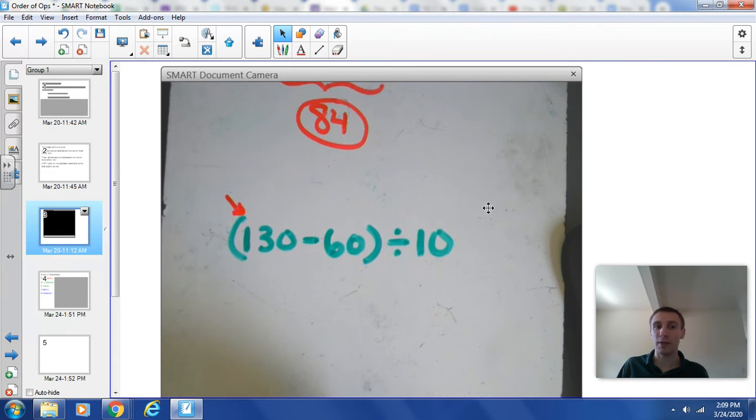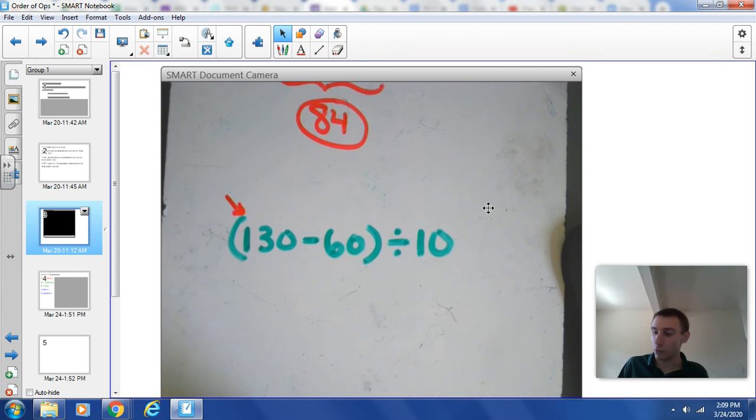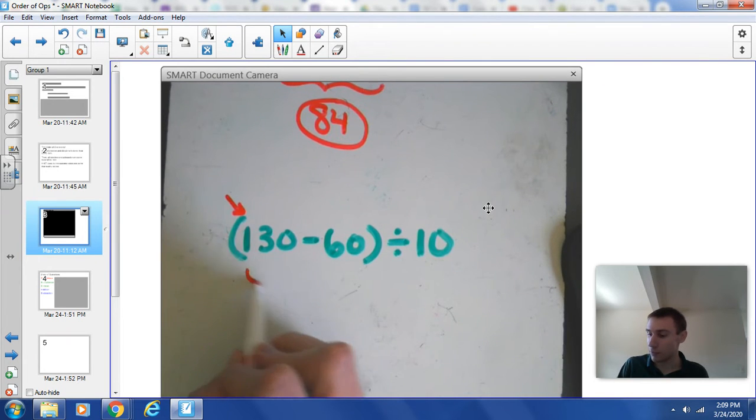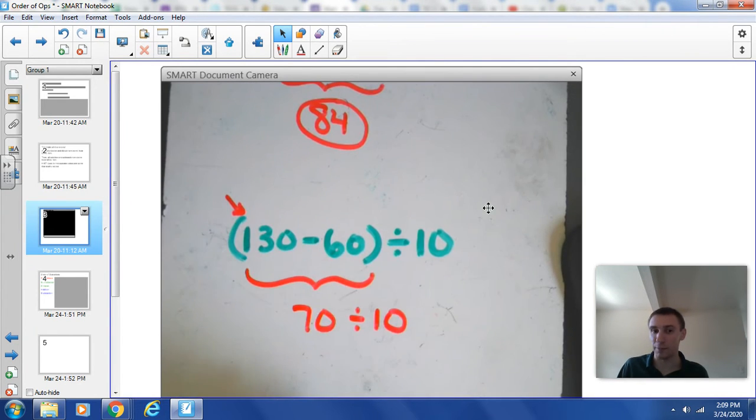That tells me that I need to solve whatever's inside my parentheses before I do any other work. So I have to do 130 minus 60 before I can divide by 10. 130 minus 60 is going to give me 70, and then I'll be able to finish this off and divide by 10, and 70 divided by 10 is quite simply 7.